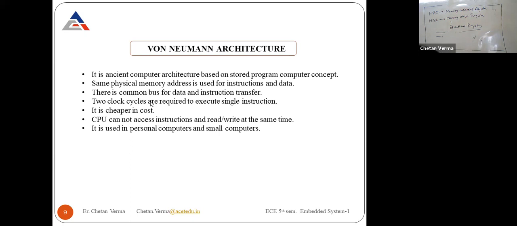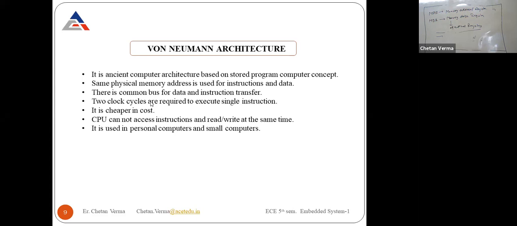Pipelining means a number of instructions can run in a single cycle. The instruction cycle stages, decoding, fetching, execution, memory read and write, should be in the single cycle. So pipelining is not available in the von Neumann architecture.